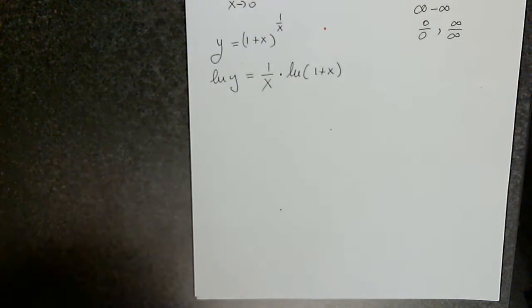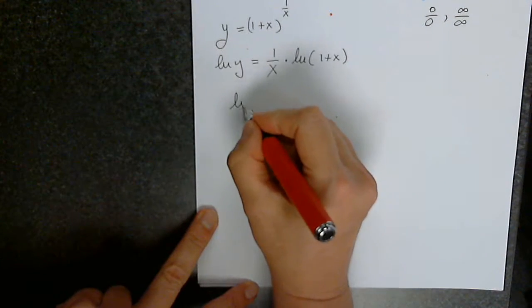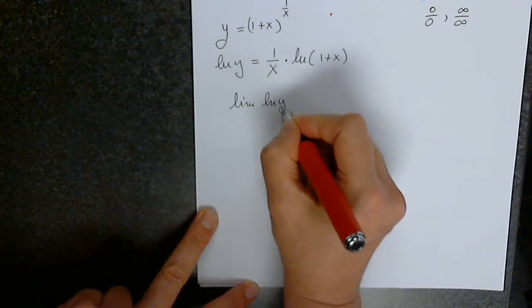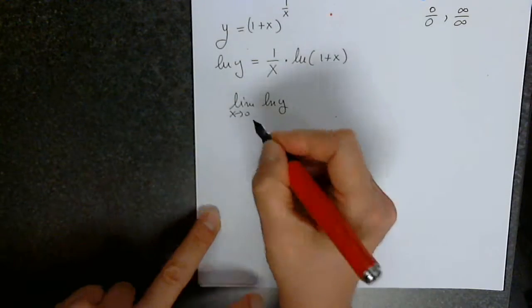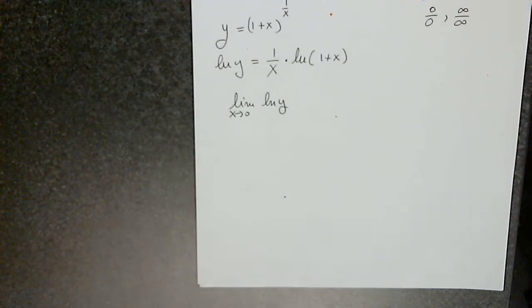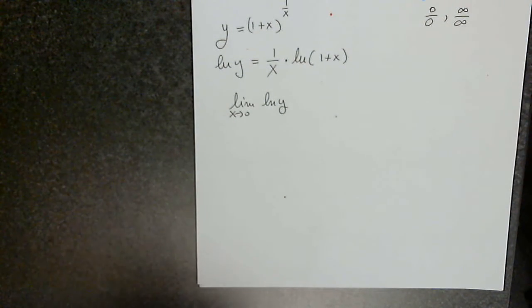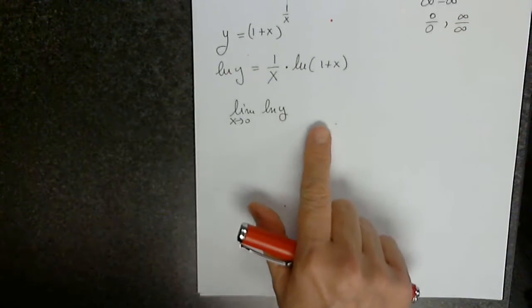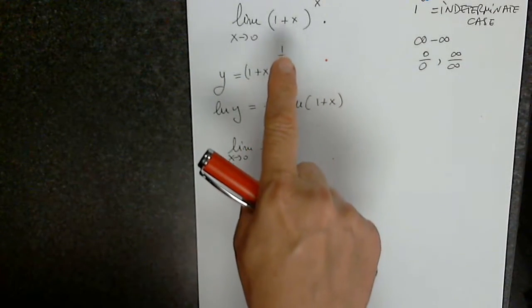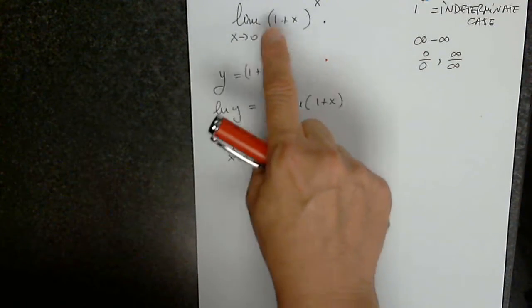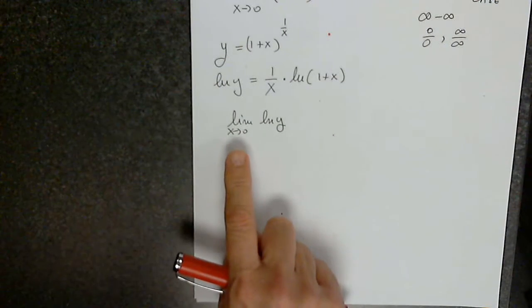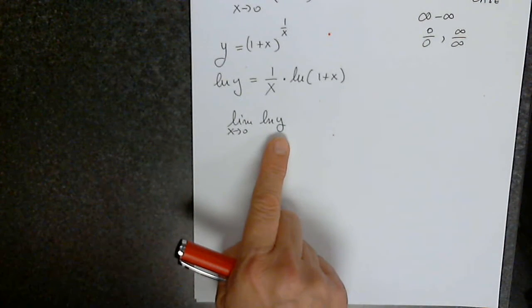Now I'm going to find the limit of natural log y as x approaches 0. And you should say, wait a minute. This is not what you're asked to determine. You're asked to determine the limit of y, but you are determining the limit of natural log y. Correct?